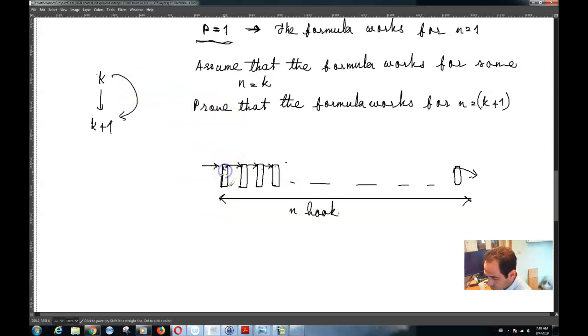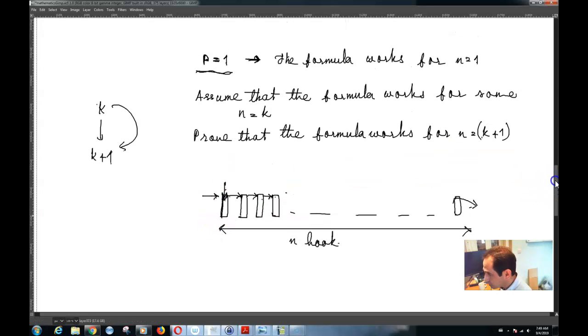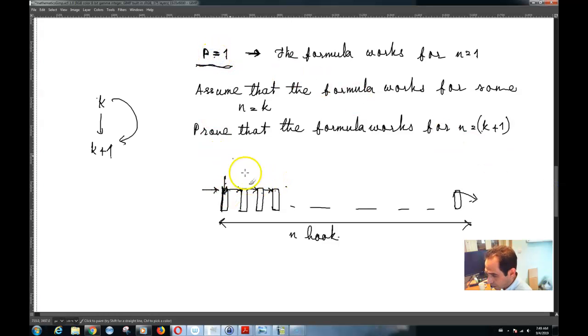Now, in order to simulate this same situation in mathematics, what I'm going to do is show that the first book will definitely fall down. That's this part over here. And then I'm going to show that as a result of each book falling down, the next book is invariably going to fall down, meaning that if the formula works for any k, it's definitely going to work for k plus 1. What that means is that if any book over here falls down, then invariably the next book, the book after that, is going to fall down.